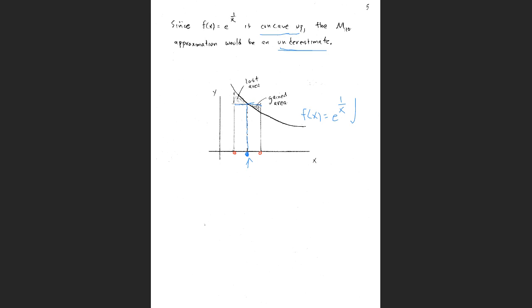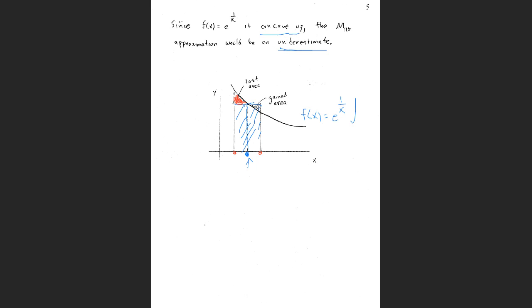Well, you can see here that the area here did not capture this area here. So that's what I call lost area. That's area that we wanted because it's underneath the curve.